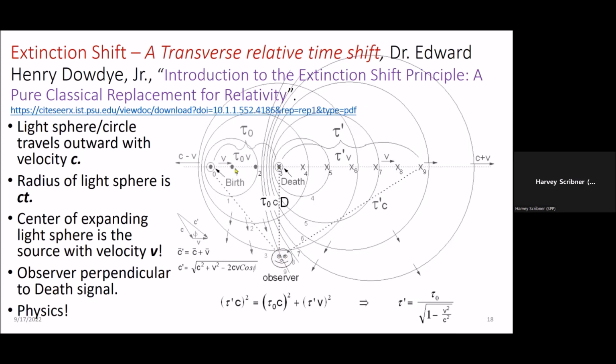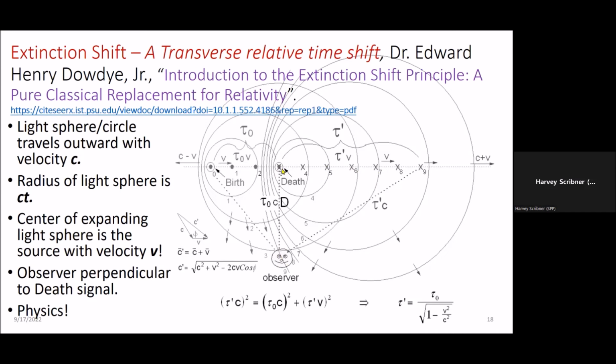Then this is the death of the first signal, so we don't follow it out into the future. However, a second signal is emitted right here. And it propagates with the speed of light around the source as it's traveling through space. And so at 9 seconds, this radius would reach the observer.